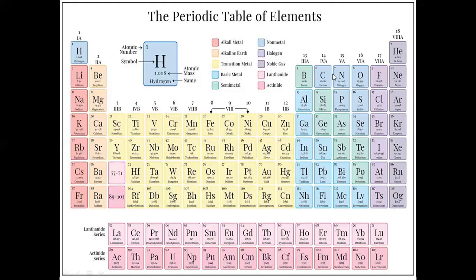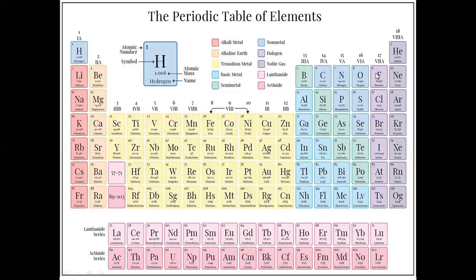Whereas the second row, the second period, has 2 shells in it. First shell is completely filled. Second shell is not completely filled from here to here. So, what is the number of electrons in the outermost shell called? Any idea?